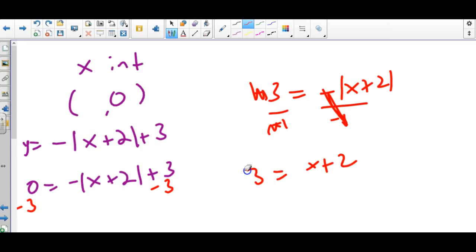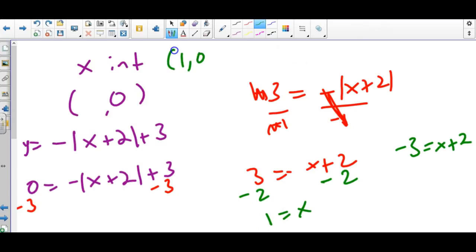Now, you have to remember with the absolute value that you have two values. You've got to have a positive and a negative. So since you have 3 equals x plus 2, you're also going to have -3 equals x plus 2. Now just solve it. Subtract 2 over here. So 3 minus 2 is 1. That's your first x-intercept, (1, 0).